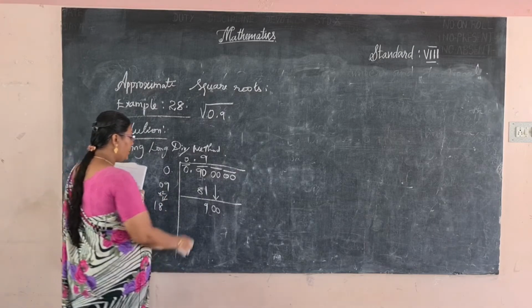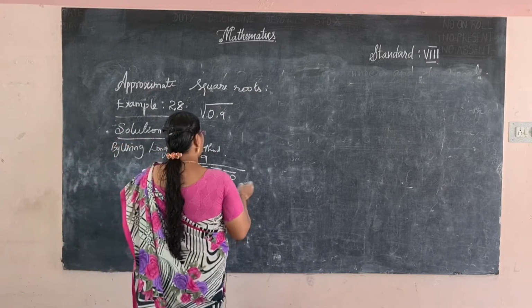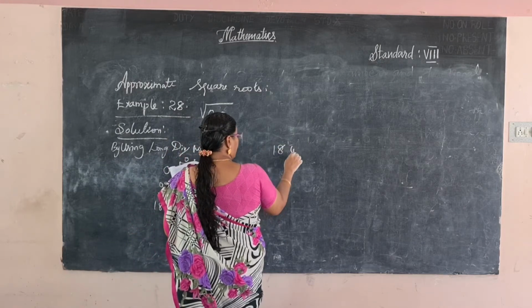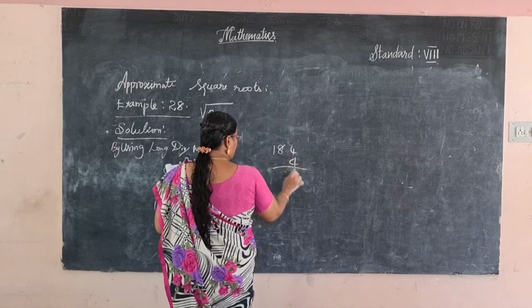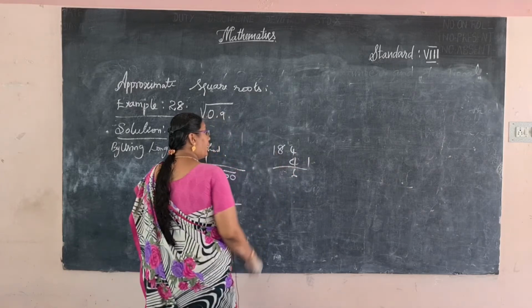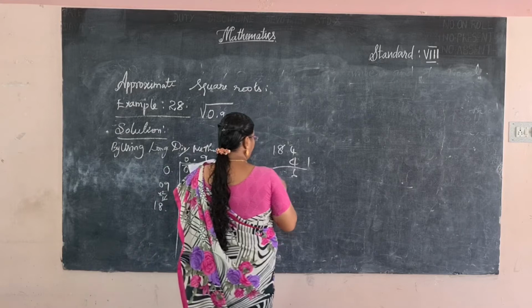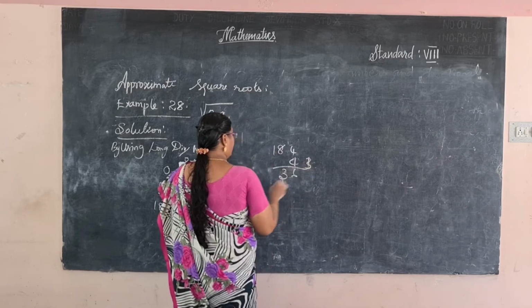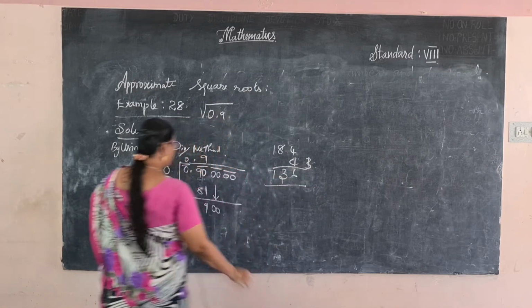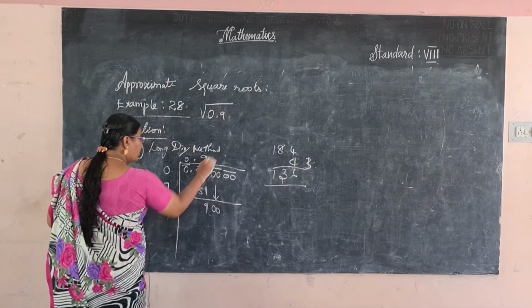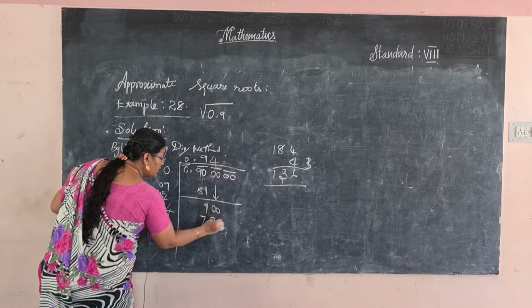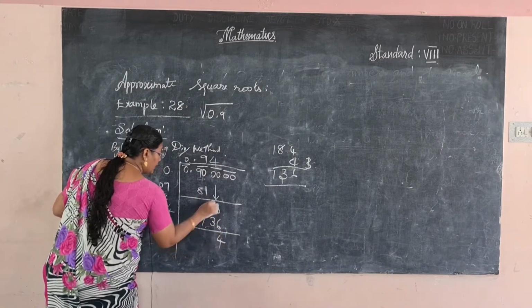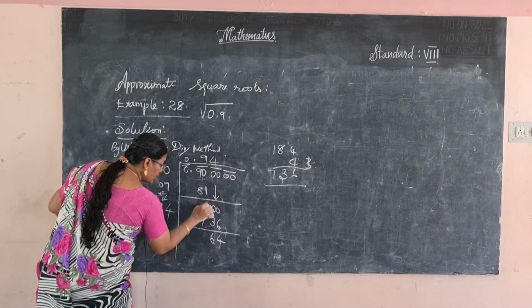Which number multiplied? 4 4s are 16, 4 8s are 32. So 736, multiplied by 4 times. Subtract, we get 181.